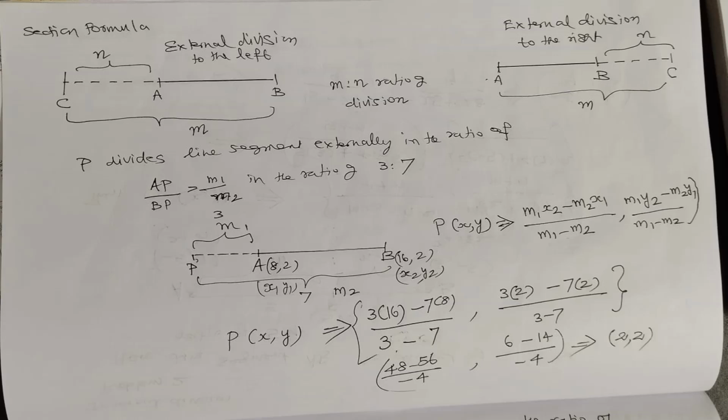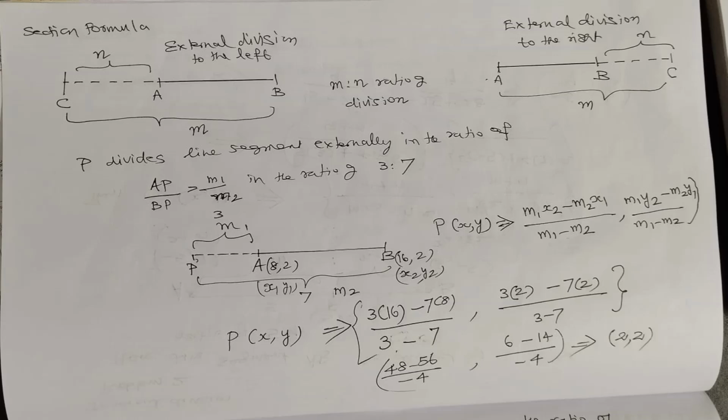Then the point P is given by x, y. Point P x, y coordinate is equal to (m1x2 - m2x1)/(m1 - m2), (m1y2 - m2y1)/(m1 - m2). That gives you (2, 2).